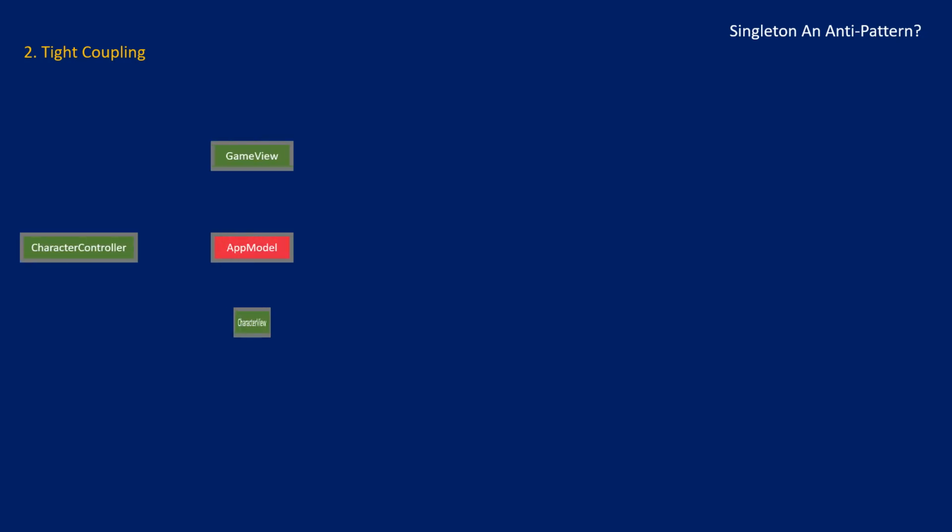Singleton also encourages tight coupling. And let's see how. In our example, our Singleton app model object is used by at least 4 classes: game view, game controller, character view, character controller. If game controller changes the state of the model, that means some changes have occurred in the value of model's member variables.